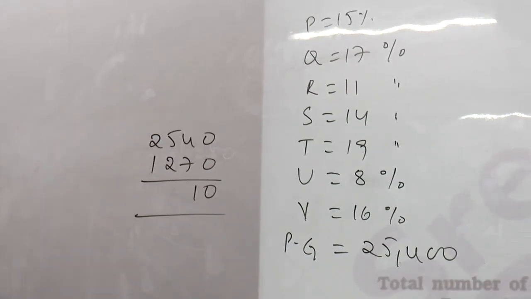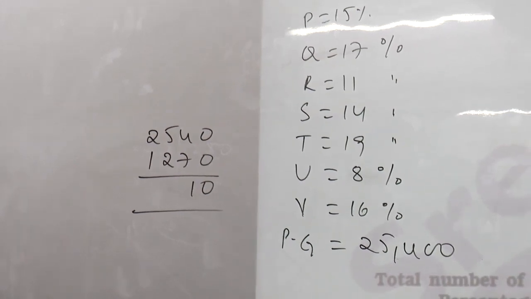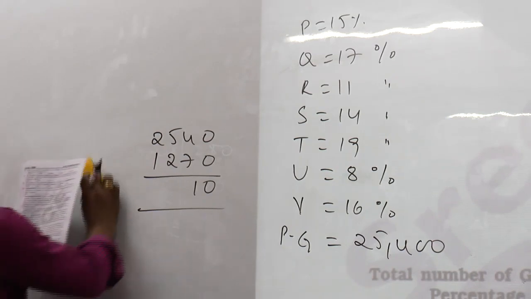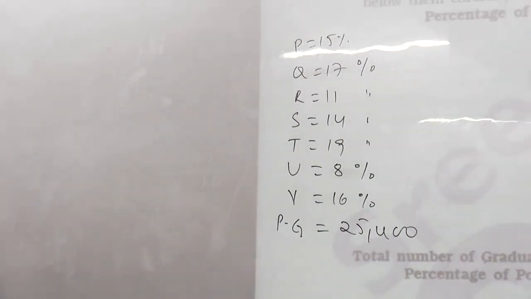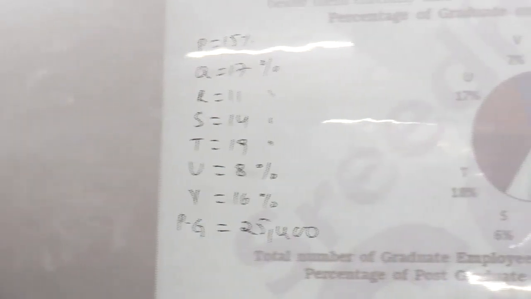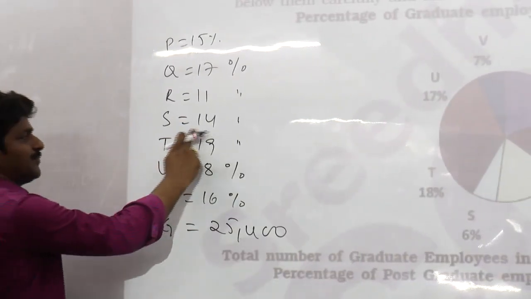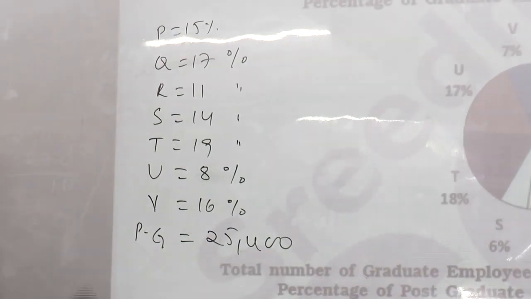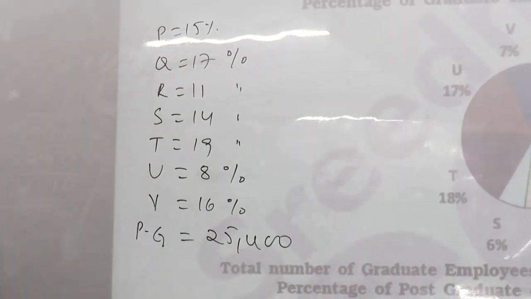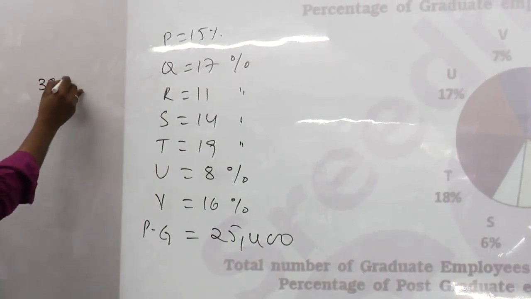Only one, 3810. 52. What is the difference between number of graduate and postgraduate employees in company S? So you need to calculate difference between postgraduates and graduates from S. Postgraduates are 14% of this number. Just now we have calculated 15% of the number, which is 3810.